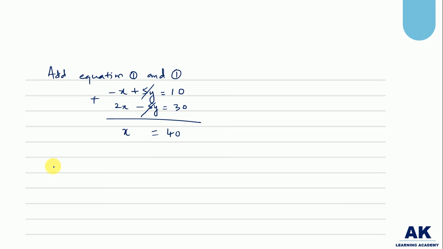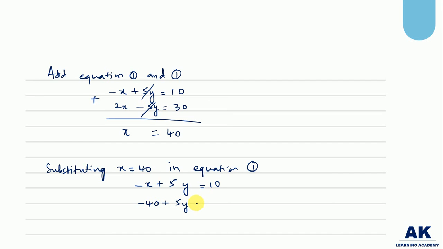Now substituting x is equal to 40 in equation 1, we get minus x plus 5y is equal to 10. So minus x is minus 40, plus 5y is equal to 10.